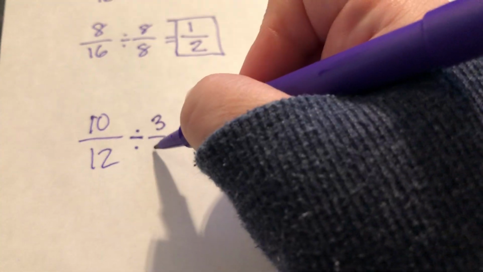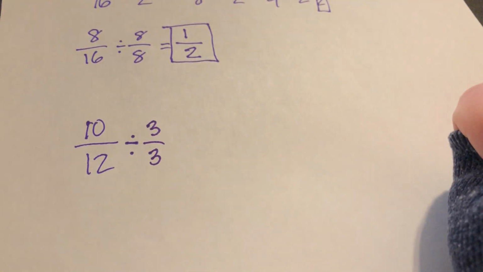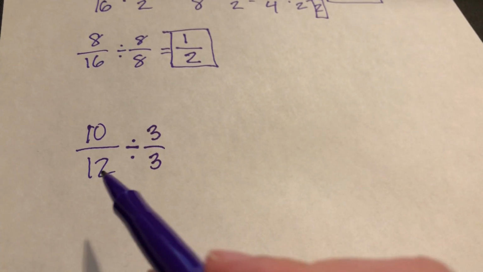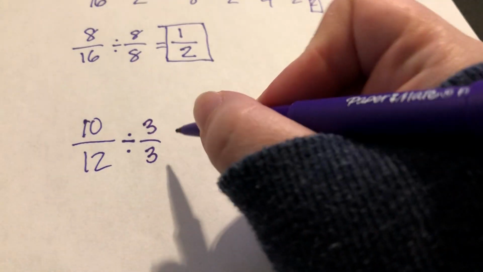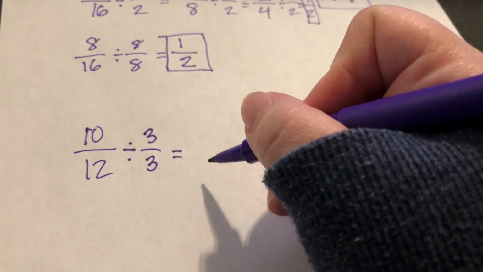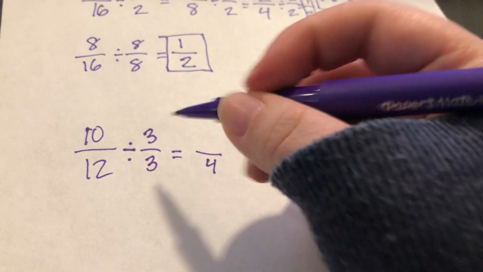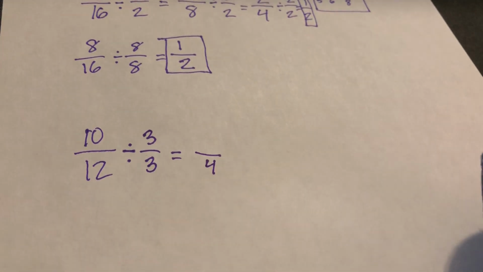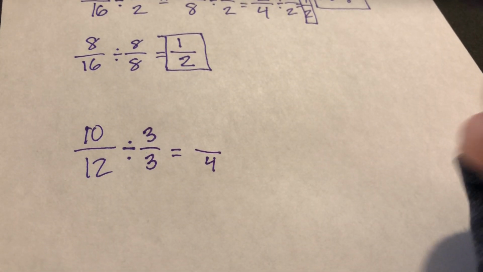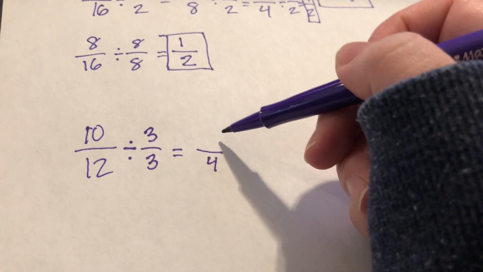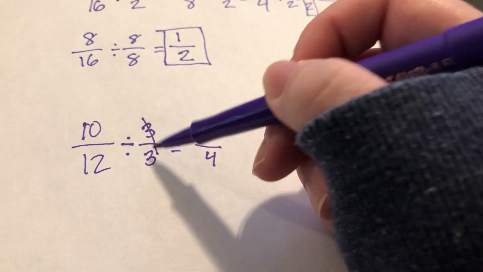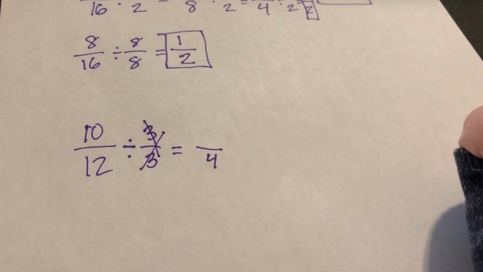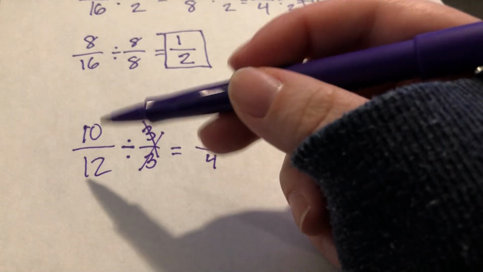Can I do 10/12 divided by 3/3? I can of course do 12 divided by 3 equals 4. But could I get 10 divided by 3? No, right? I would not have a whole number. It would be something with a remainder. So 3/3 is not a good fraction of 1 to divide this by.